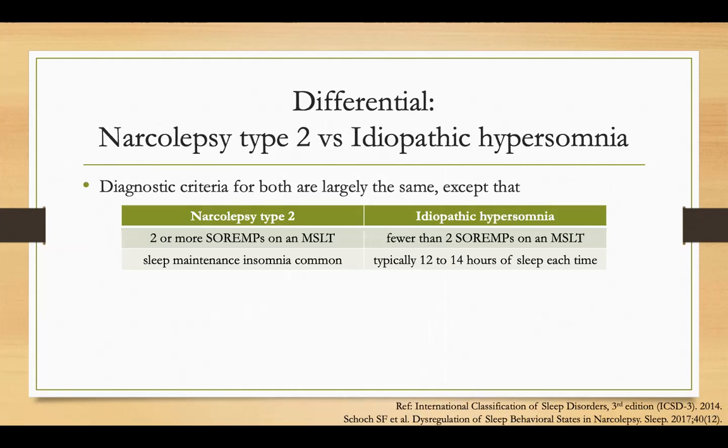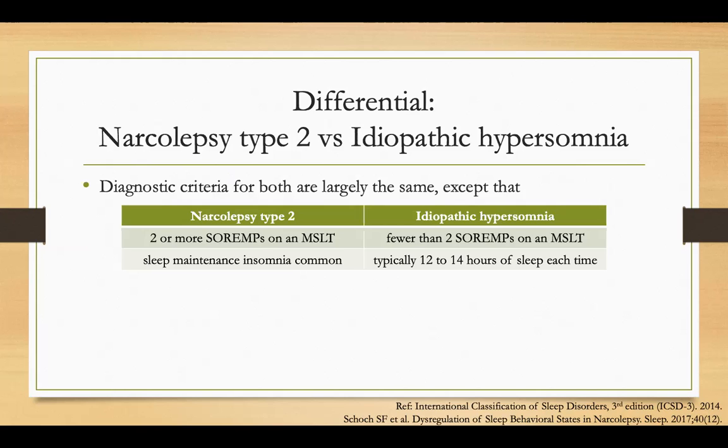Narcolepsy type 2 is sometimes difficult to diagnose because of the lack of diagnostic cataplexy. And when we are to diagnose it compared to idiopathic hypersomnia, there are several aspects to be careful about.